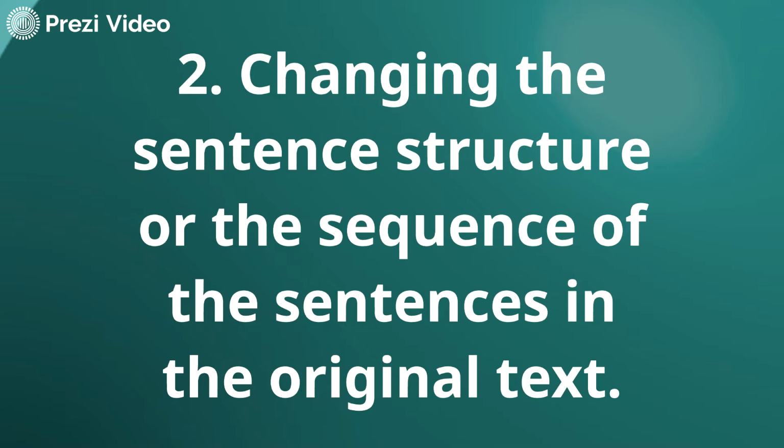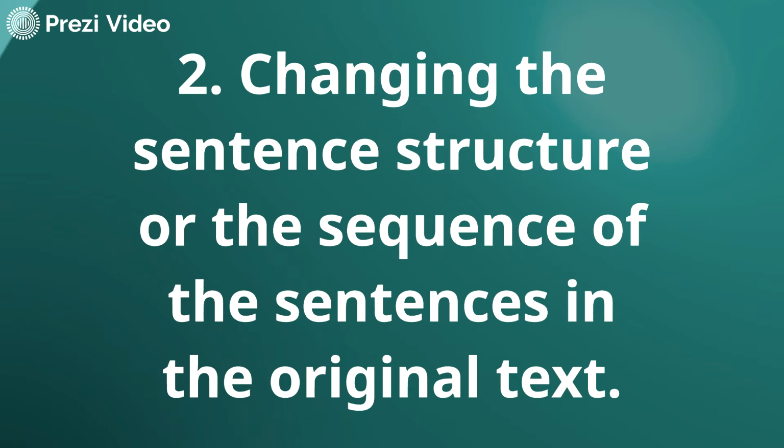Again, this is a two-step process, meaning we don't just change the words or how the sentences were worded, but we also change how the sentences were constructed and sequenced or arranged in the original text. So, first, we substitute the words, we use other terms, and then second, we change the structure, the arrangement, and the sequence of the sentences in that statement.